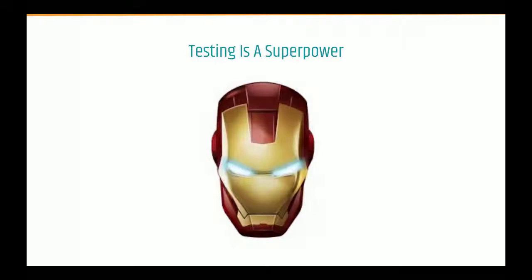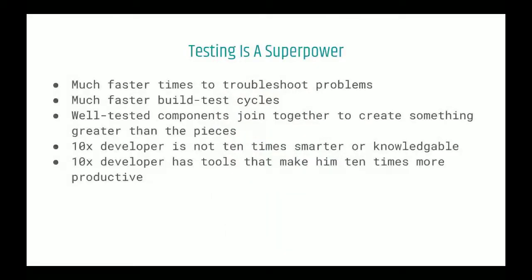He has a lot of money. Maybe that's sort of like a superpower, but what he did is he actually built this incredible machine. And that machine works with him to make him into a superhero. And that's what we think testing can do for you.